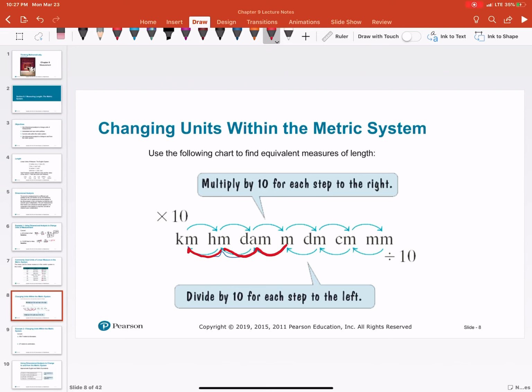Or you could say I'm dividing by 1,000. If I'm going from kilometers to meters, I will move 3 places to the right, and it's the same as multiplying by 1,000. And of course, we're going to do examples of this.